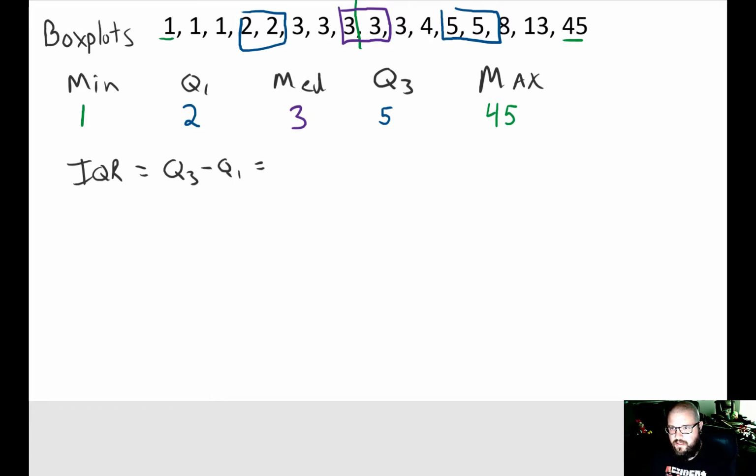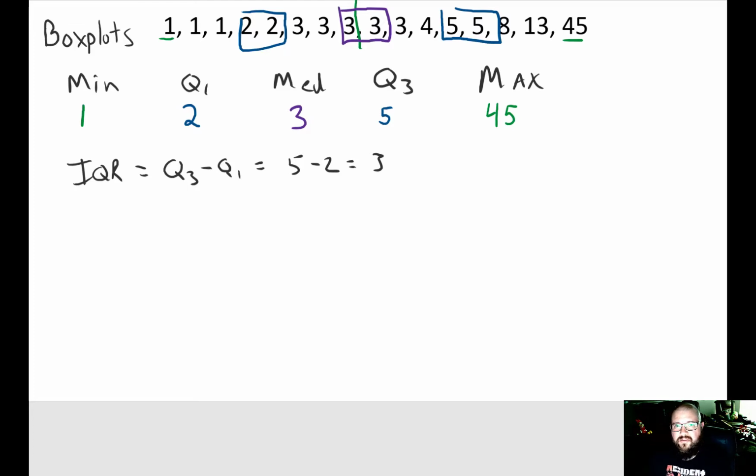So we are simply taking 5 minus 2, which will give us 3. Okay? So the reason why we need IQR is so we can determine our fences. Fences determine what is going to be considered an outlier. If it's outside of those fences, then it will be classified as an outlier.